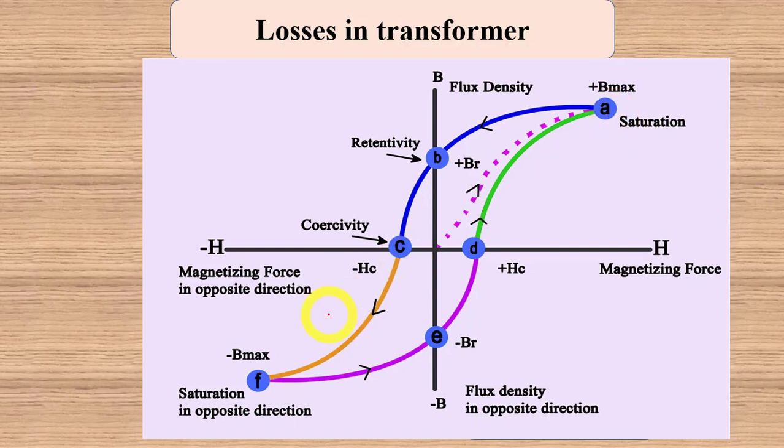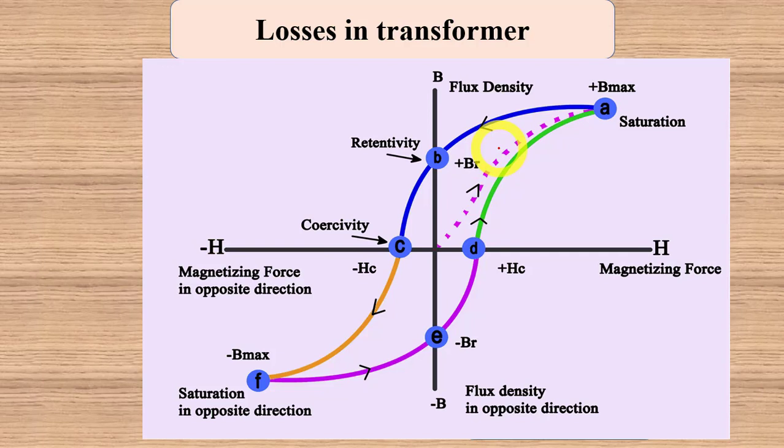Further, gradually decrease the magnetizing force from the negative direction. It will follow the path F to E and then E to D. In this way, on a complete cycle, a bounded area is enclosed by the hysteresis loop. Suppose this bounded area is equivalent to 1 joule of energy.